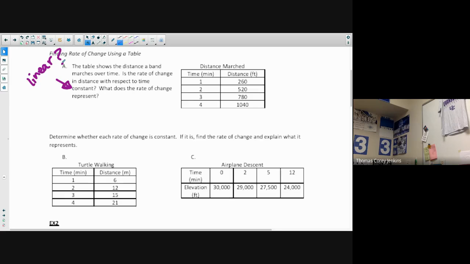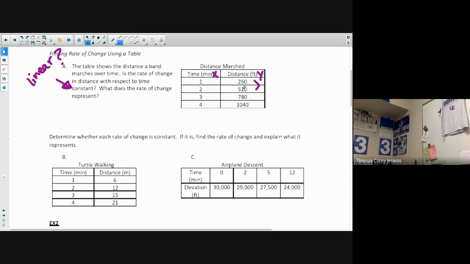All right, so we have to understand how these tables work. If it's a vertical table, the left-hand column is my input column, the right-hand column is my output column, right? So distance is a function of time. Anyways, what we want to do here is find how we change to get from 260 to 520.